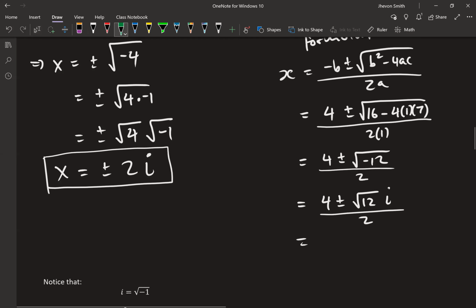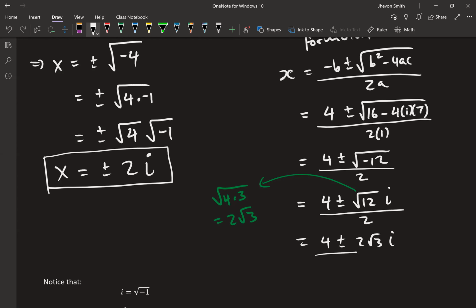Now, of course, radical 12, you can write this as radical 4 times 3. So this is just 2 radical 3. And so this is 4 plus or minus 2 rad 3 i all over 2. And so you get 2 plus or minus radical 3 i. And so that is your answer for x.